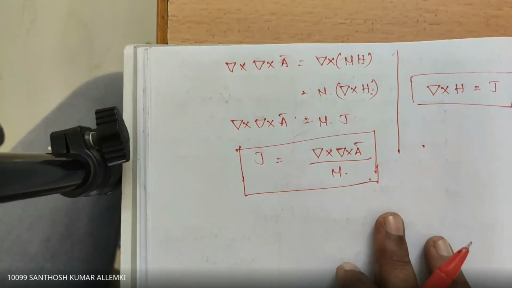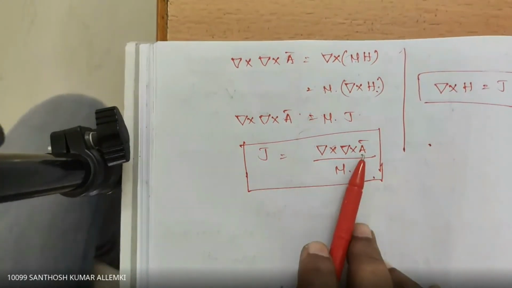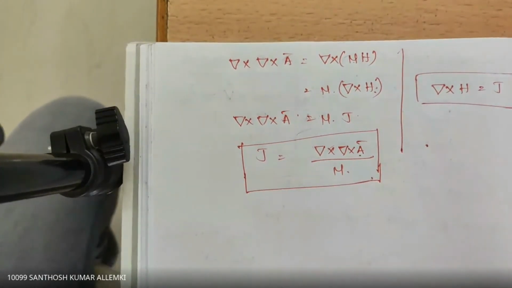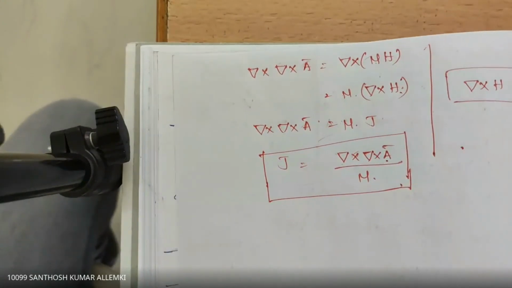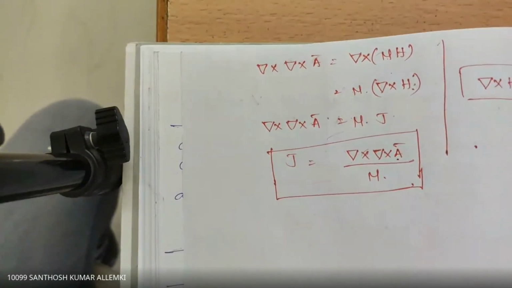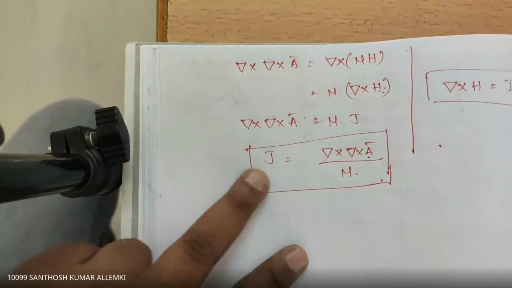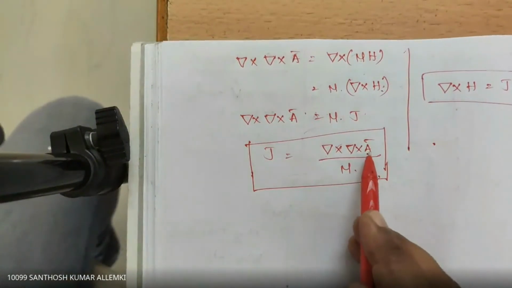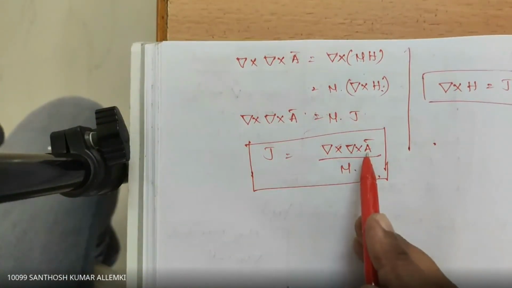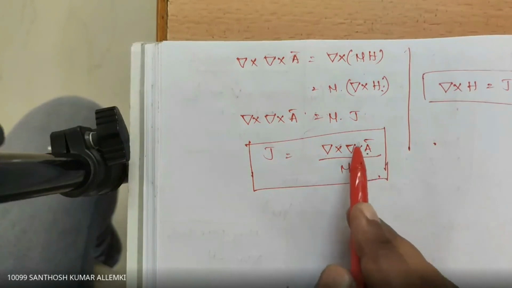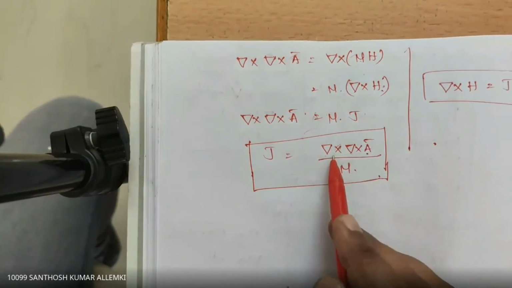Okay, so in your exams they can directly give a vector, that is A bar. So just calculate the flux, calculate the current density value. So directly you can have J is equal to this one, del cross A bar. So for the A bar vector, you need to calculate the curl of a vector, and after that again you need to calculate a curl of a vector.